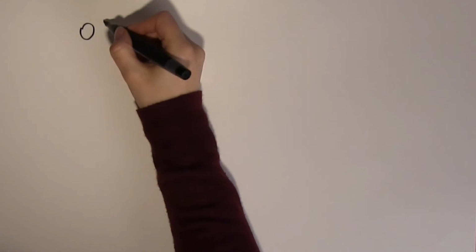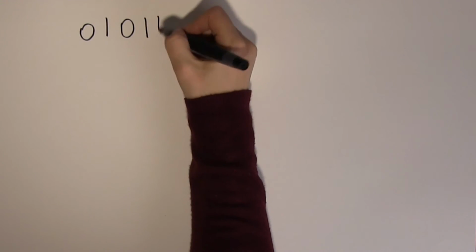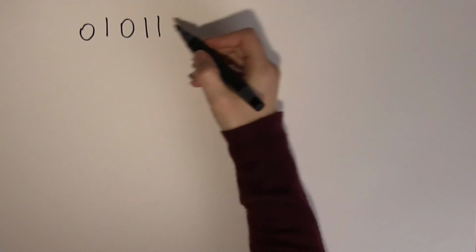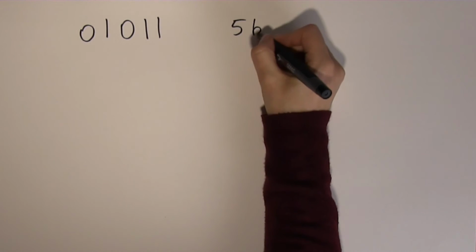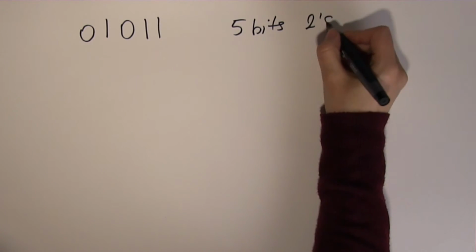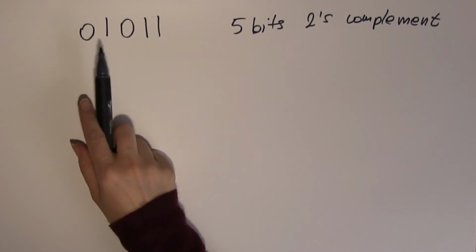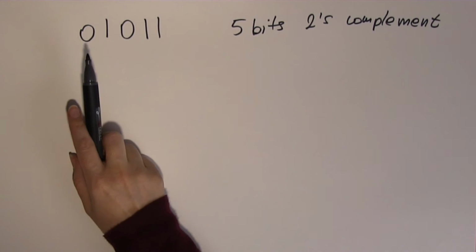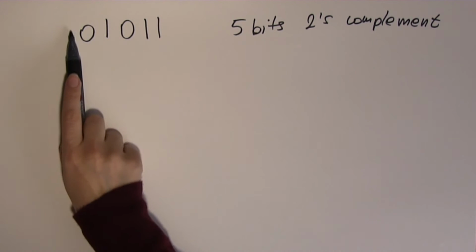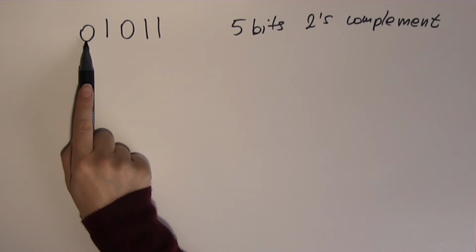Let's look at another number. So this will be 0 1 0 1 1. Again, this is a 5 bits 2's complement notation, and when we look at the first digit, it tells us that this is a positive number.